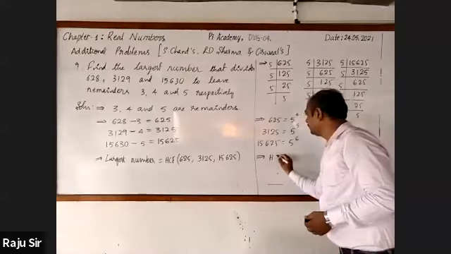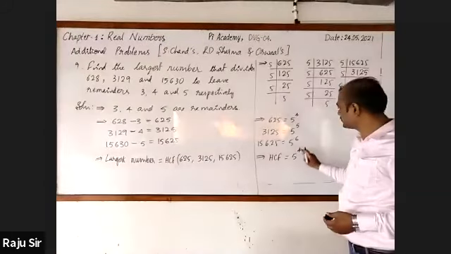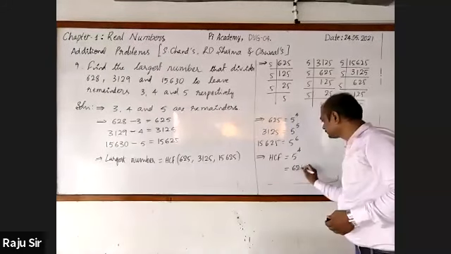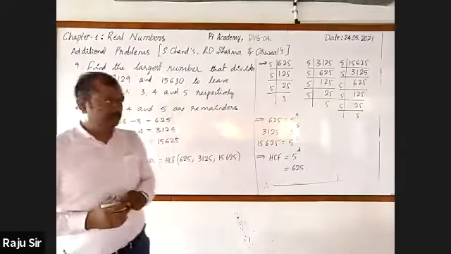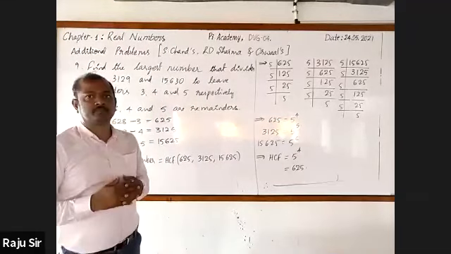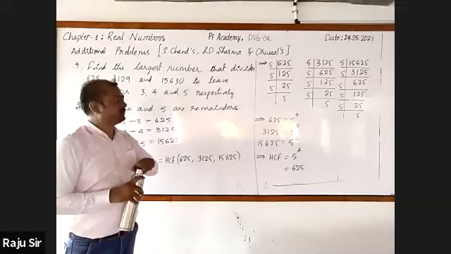Now, could you tell what is the HCF? 5 is common. Least power is 4. It will be 625. Right. Therefore, the largest number is 625.